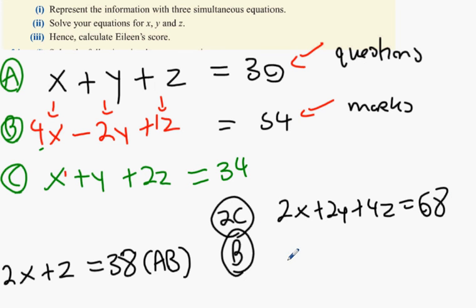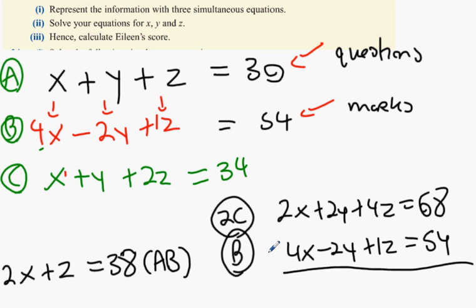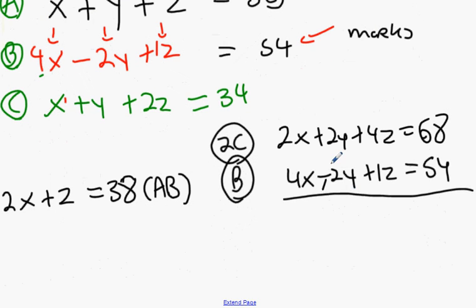And then underneath, 4x minus 2y plus 1z equals 54, right? Now looking down, once again the 2y's cancel, and I get 6x plus 5z equals, what's that, 122? I'm going to go 122 anyway, okay?